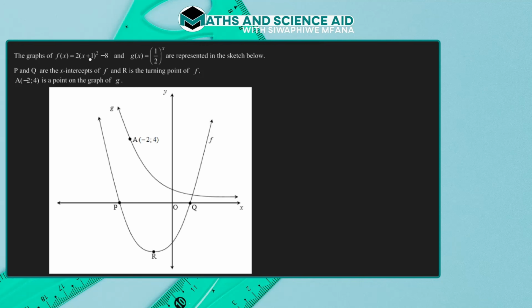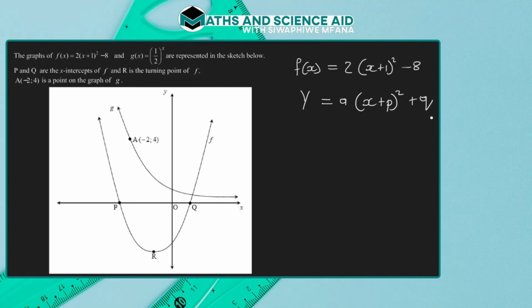but besides that, we can also see from the equation, because this equation, f of x is equal to 2 into (x plus 1) squared minus 8, is a quadratic equation, but in the form y is equal to a into (x plus p) squared plus q, as this is an alternative way in which an equation of a parabola or a quadratic function can be presented.